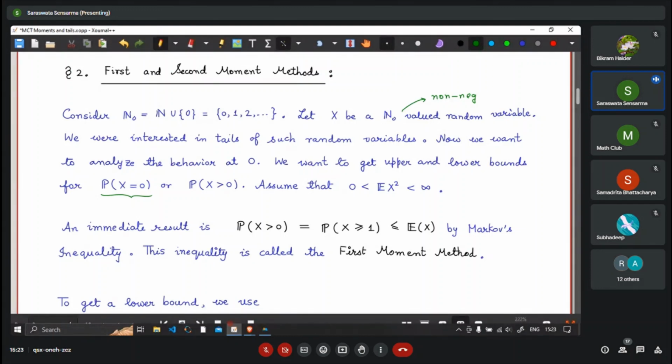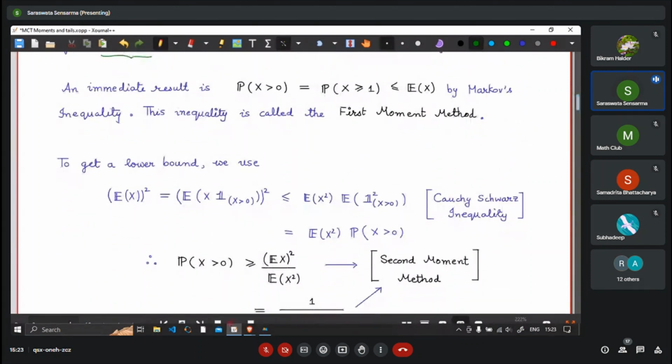The probability X is strictly positive is bounded above by the expectation, but we want a lower bound, not a matching lower bound, that is way too much, but we want some lower bound. To get the lower bound, we use the Cauchy-Schwarz inequality. The expectation of X, whole squared, you can write as the expectation of X times the indicator that X is positive.